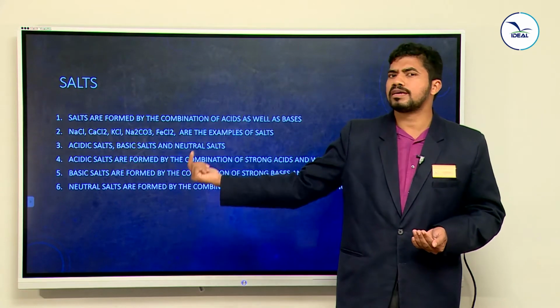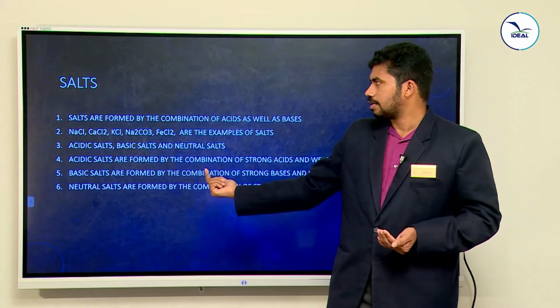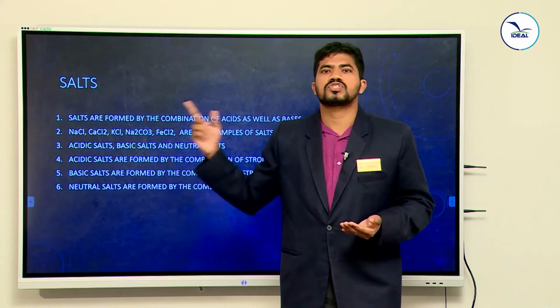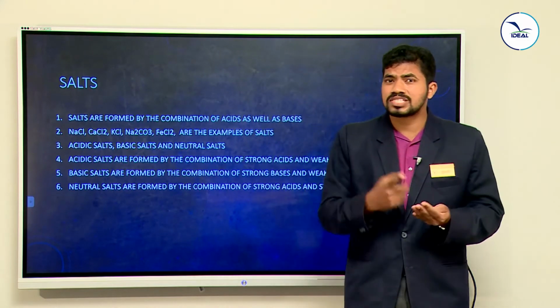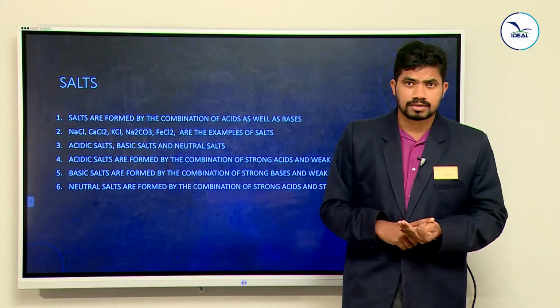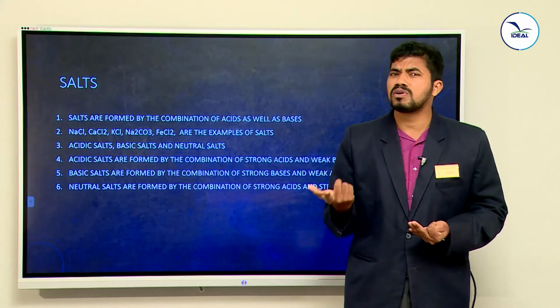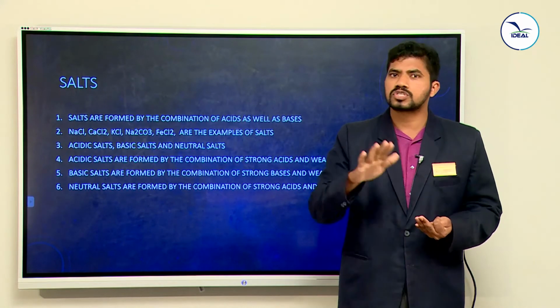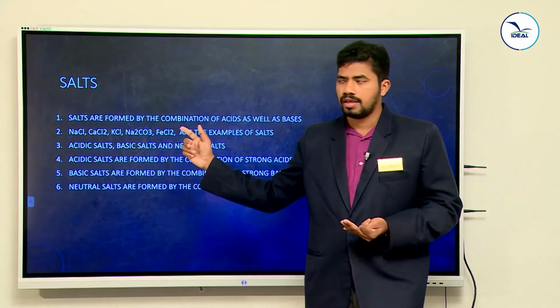A number of times I discussed with you in normal classes that it's a salt formed from strong base and strong acid. If strong acid and strong base are combined together, the salt should be neutral, because the acid as well as the base are both strong enough to make the salt a neutral one.